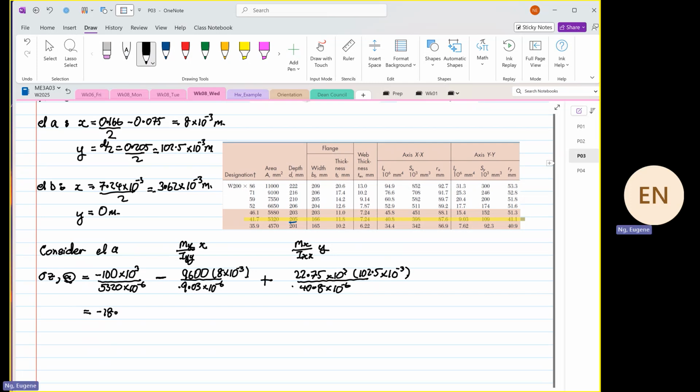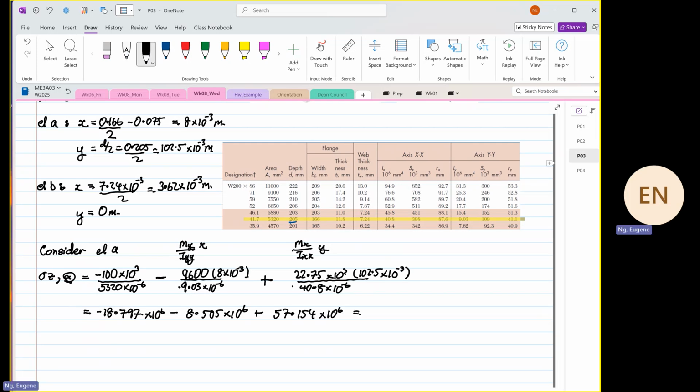Minus 18.797, minus 8.505, plus 57.154 times 10 to the power 6.